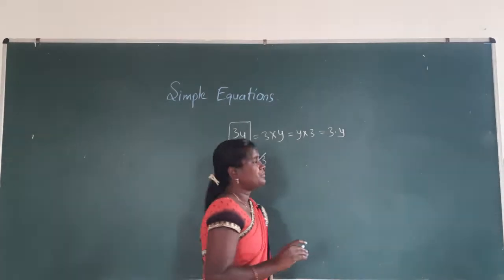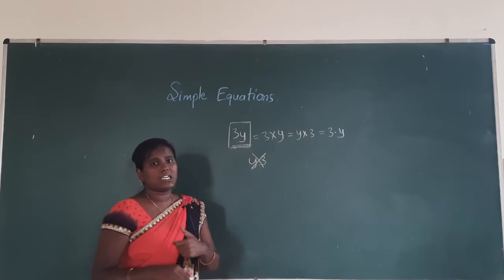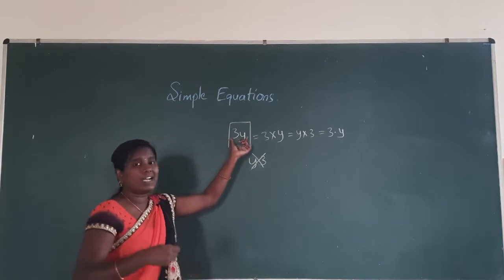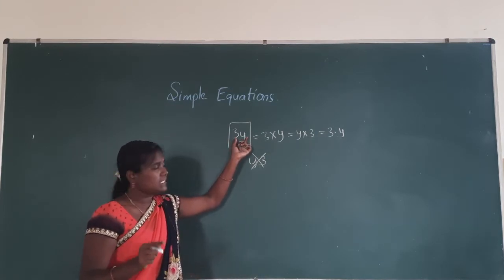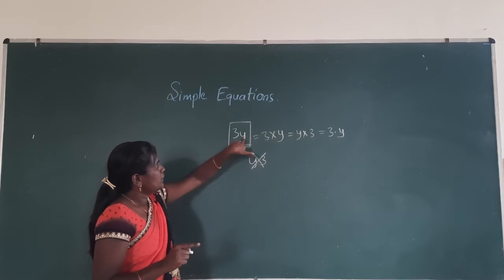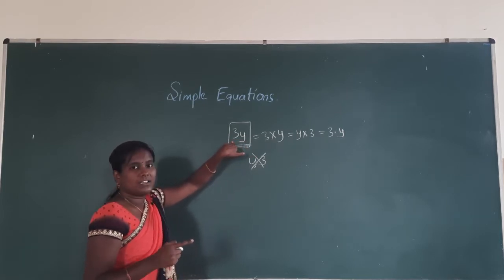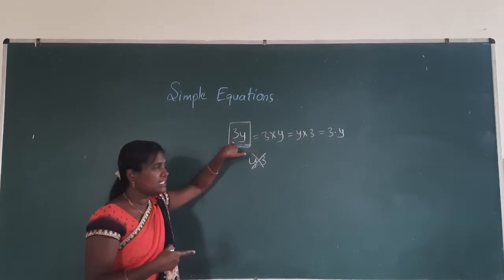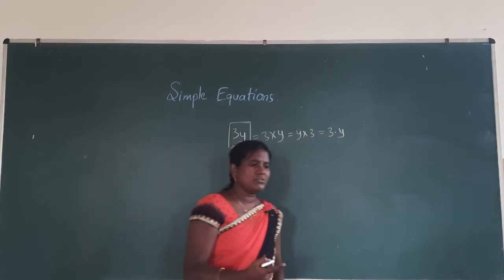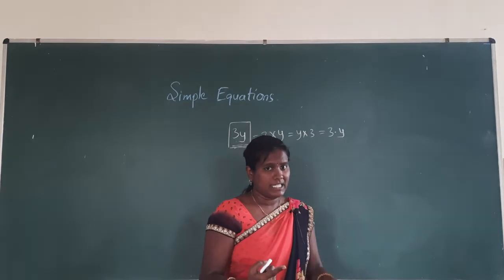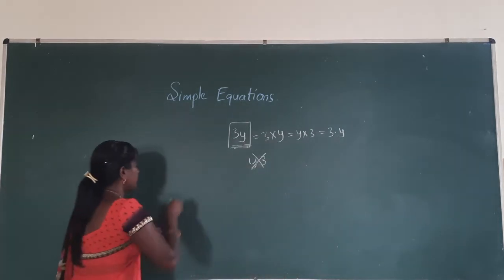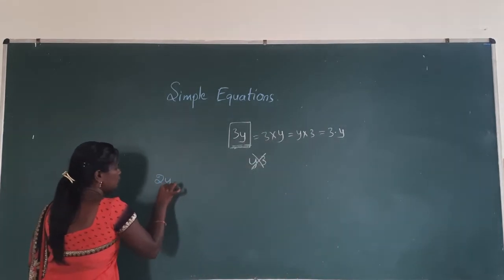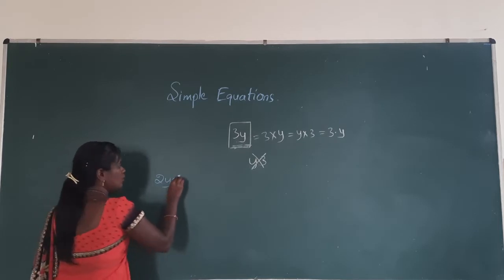Why? Because whenever you are representing a term, see, 3y is a term, here before the variable the number should be there, that numerical should be there. Here I have used the word variable. See here, when you are writing 2y, in this, y is what?